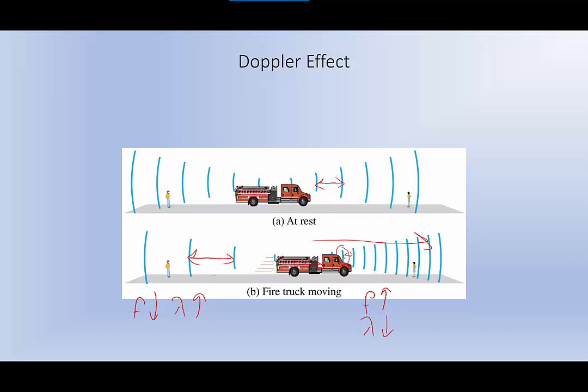They still have the same frequency and wavelength, but according to what's being observed. So rather than calling them f and lambda, we put a prime to indicate that these are the observed wavelengths and the observed frequencies. So if we could figure out the change in wavelength, we can figure out the change in frequency. So let's take a look at the B situation for a minute.